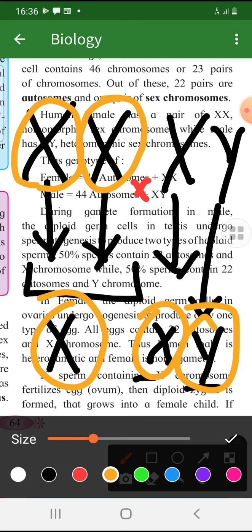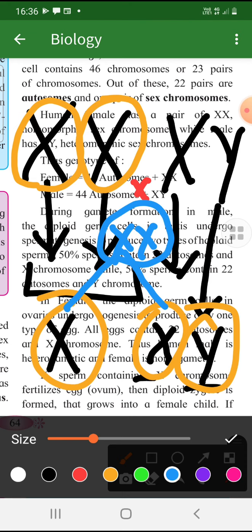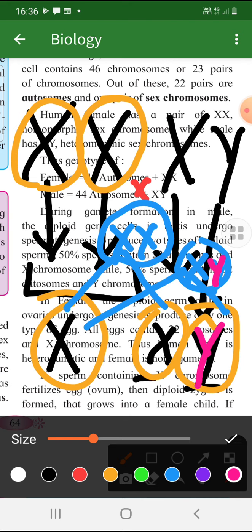Now when this ova fuses with this sperm, what is the resultant product? X is with the X, so it is a girl child. Or if this ova fuses with this sperm, then the resultant product is X and Y. So this Y came from the father, right?